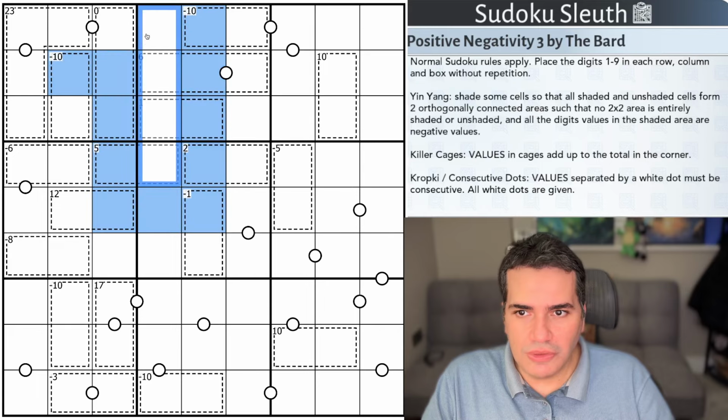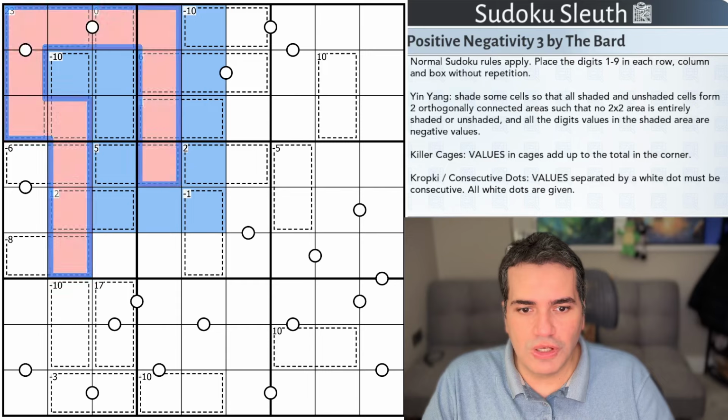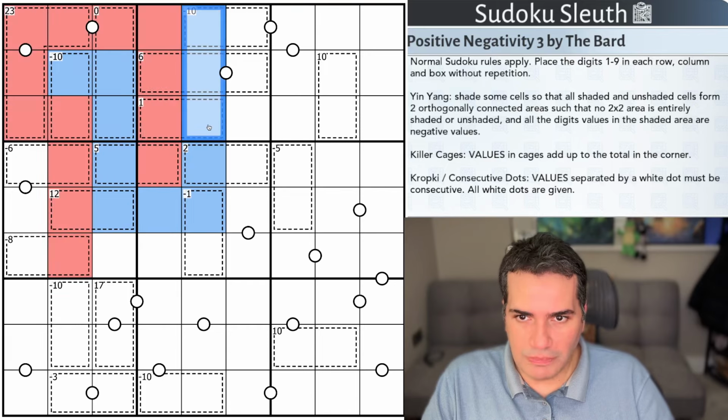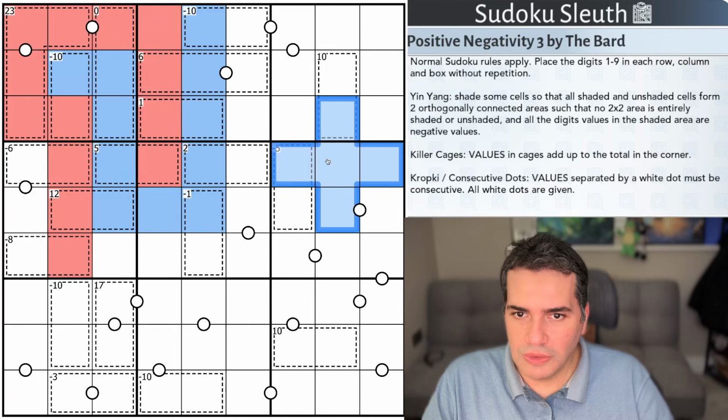shade the entire grid in two colors, and very specifically two colors. The colors, as in the blue, for example, in this particular case, needs to be orthogonally connected to itself. So orthogonal, just a quick reminder, is essentially kind of north, south, east, west. Diagonals don't count.